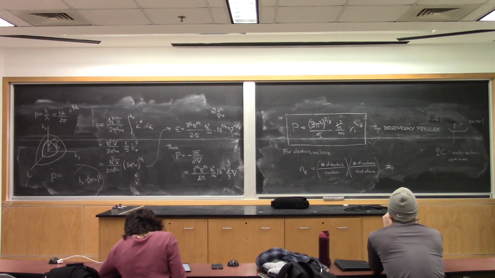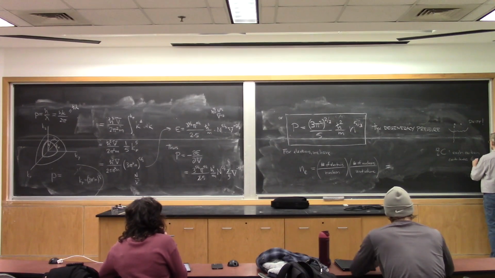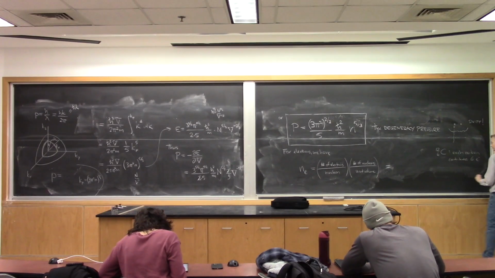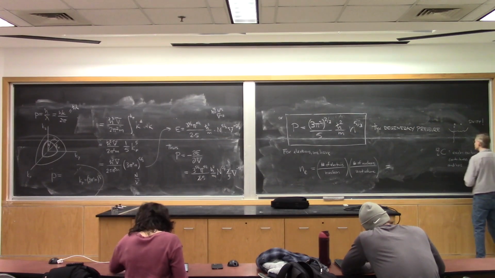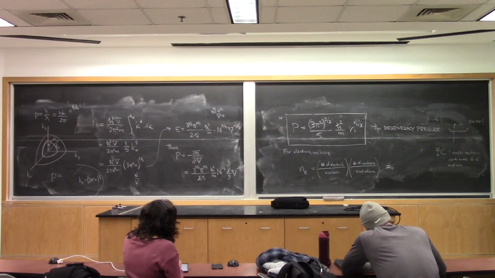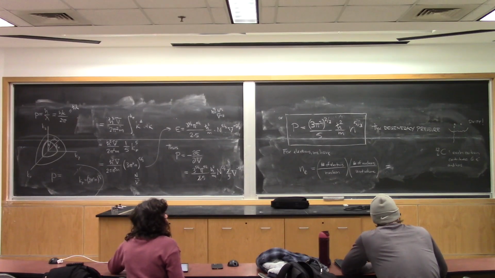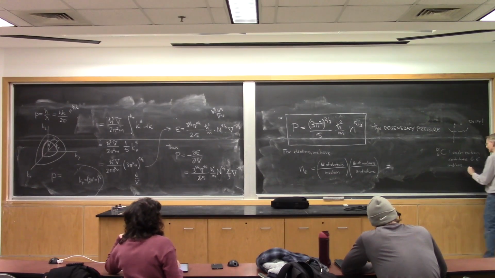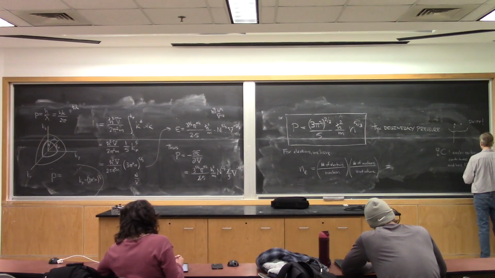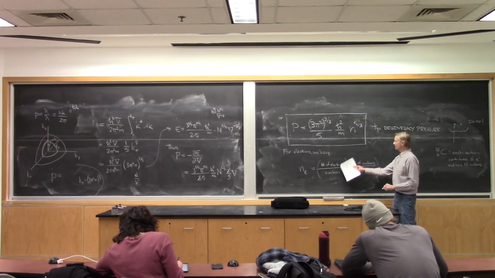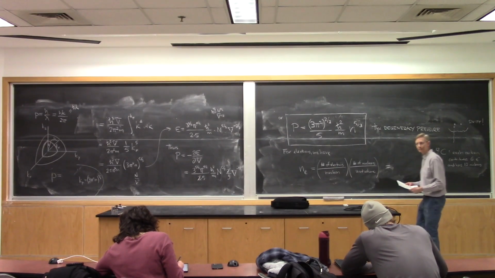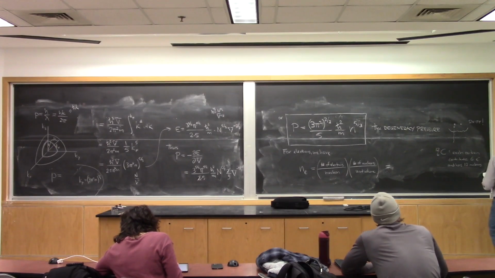Because there's how many protons in a carbon? 6, right? Contributes 6 electrons. And has how many nucleons? Protons plus neutrons in that carbon nucleus. 12 of them, right? And has 12 nucleons. So that would be, in this case, 6 over 12. But let's just keep it in general.